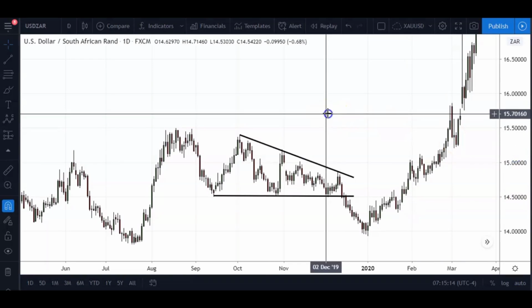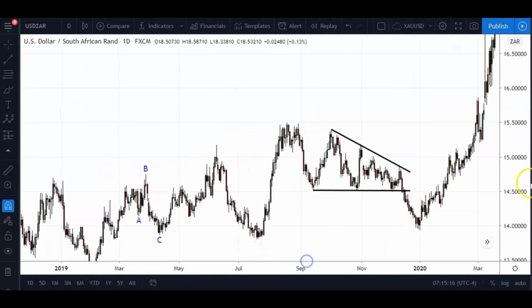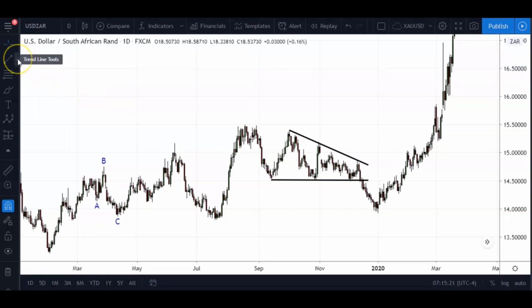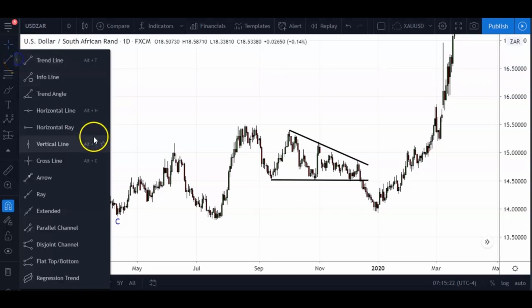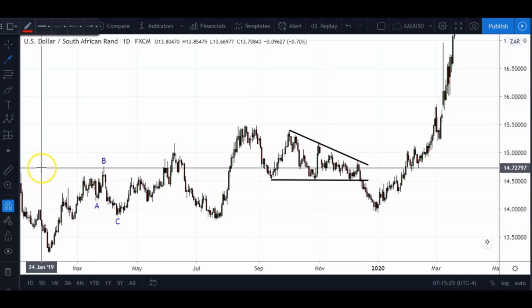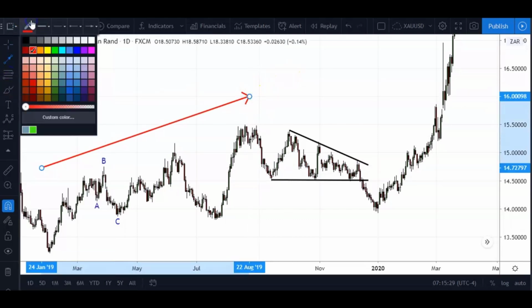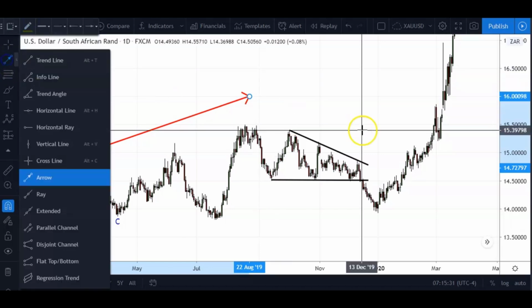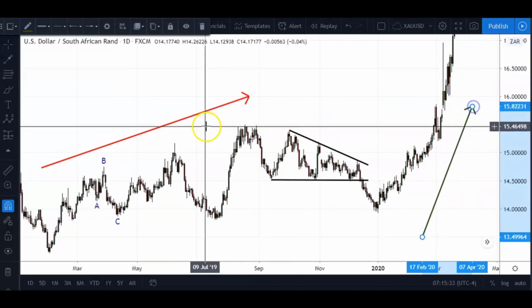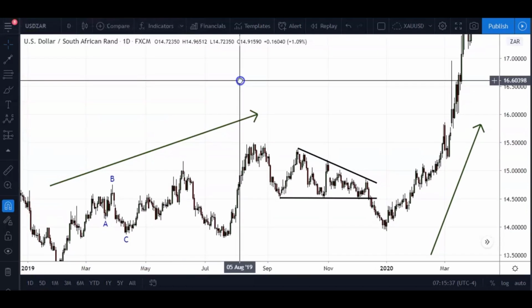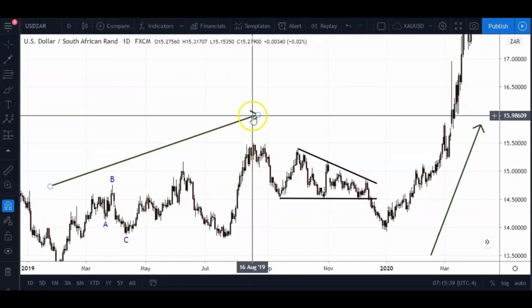This is a fantastic example, just scouring over previous chart ideas. This is on US dollar ZAR, the South African Rand, the currency of the country that I live in. We have an uptrend here. And again, guys, just assuming that the trend was going up, you had this high over here.